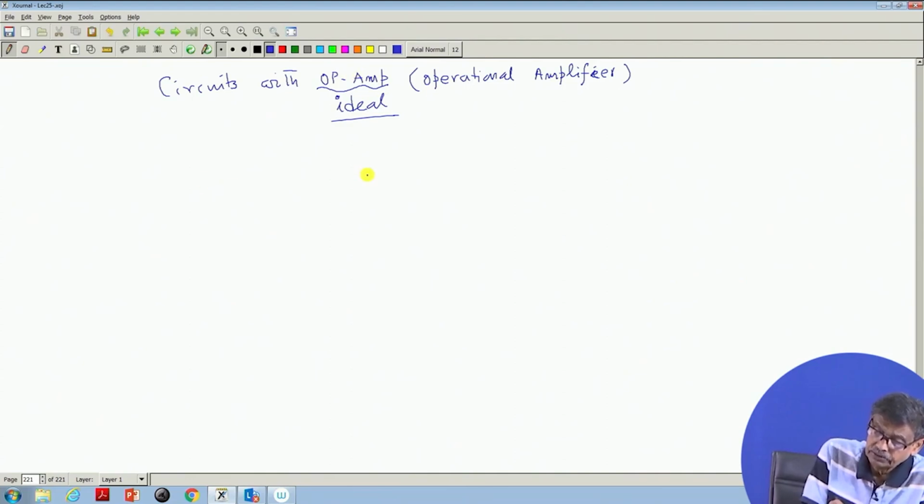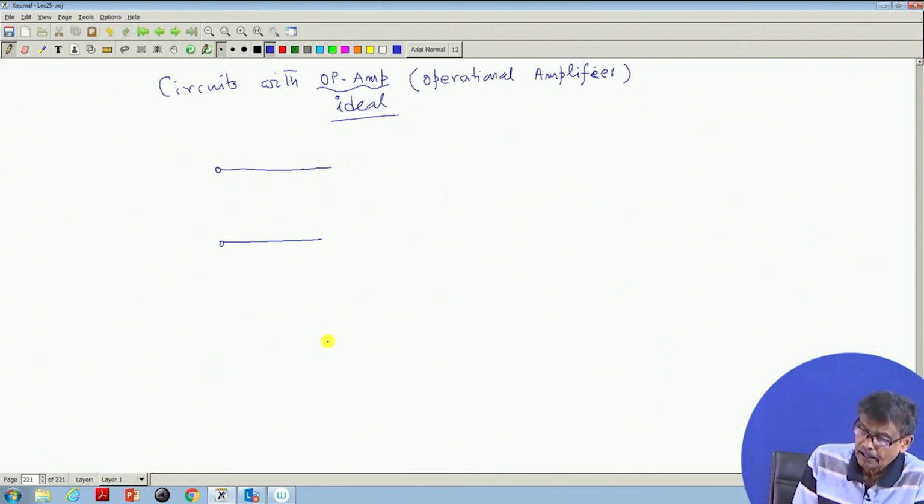There will be two input terminals of an op-amp, which can be considered to be input ports. Okay? And if you apply V1 here, it is like this: two input points where input signals can be connected.